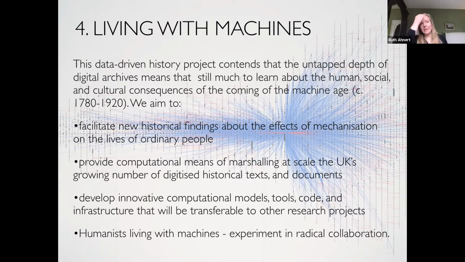And it's also a kind of experiment in a way of working, that we are a radical collaboration crossing multiple disciplines. So we are kind of humanists living with machines, and that's been an interesting intellectual process in its own right.